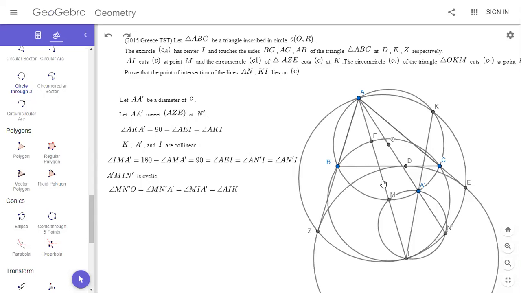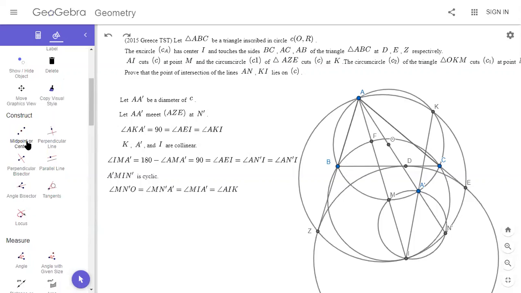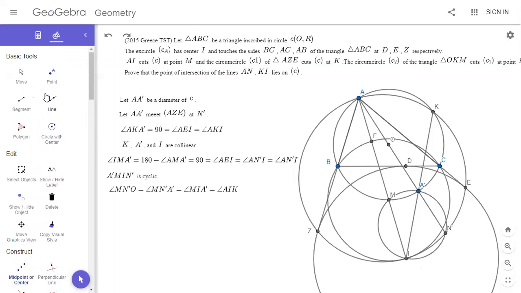Yeah. And I think maybe I just have to draw like the midpoint of AI because AI I think is a diameter of this bigger circle. So angle AIK is, I don't know if that makes things harder actually. You could draw like AK probably.